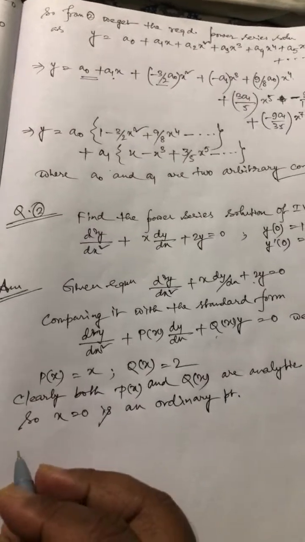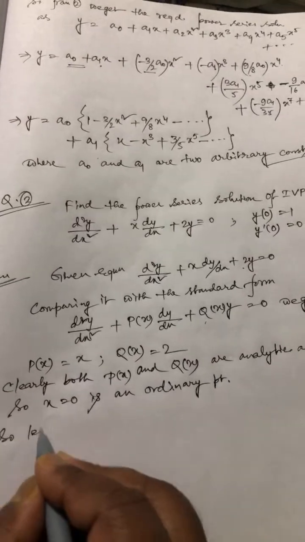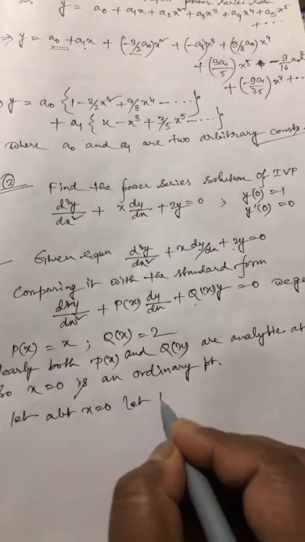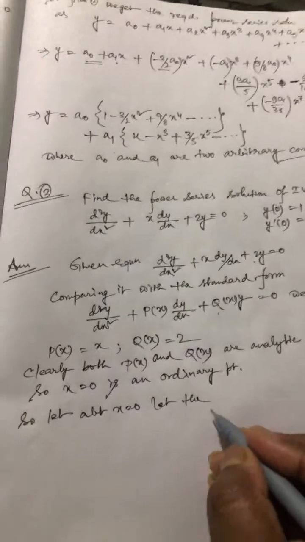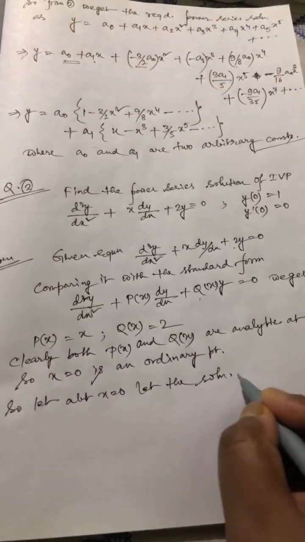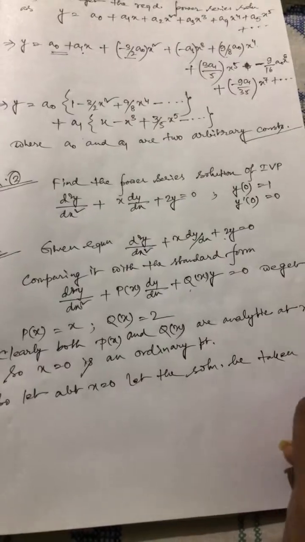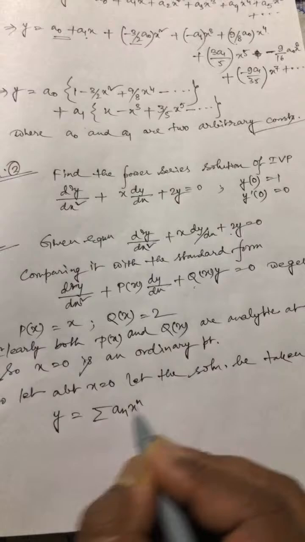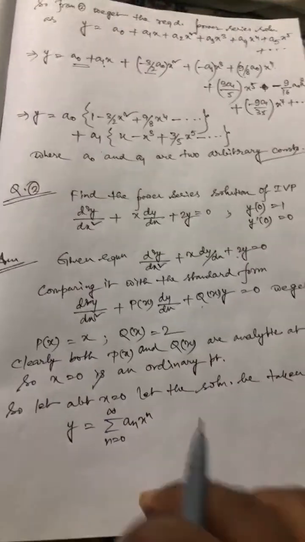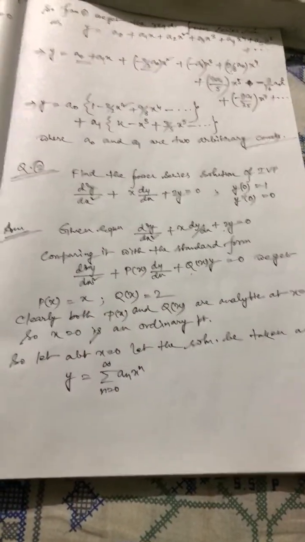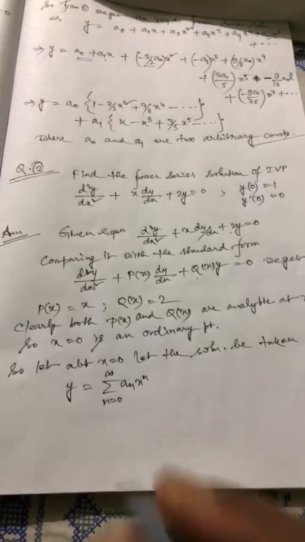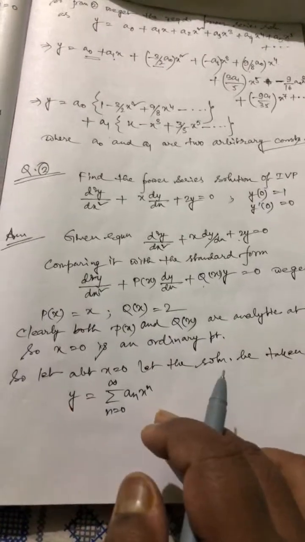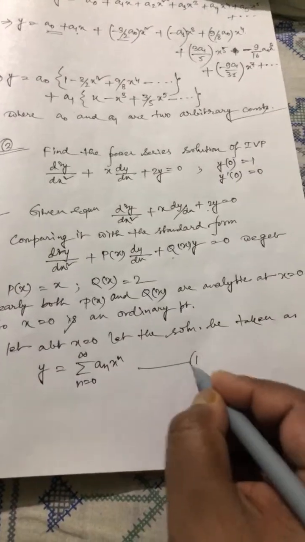So about x equal to 0, let the solution be taken as y is equals to summation a n x to the power n, just like the previous problem, because till now we are talking about only ordinary points, that's why. Then what we need to do, we need to differentiate this relation twice. So this is the equation 1.